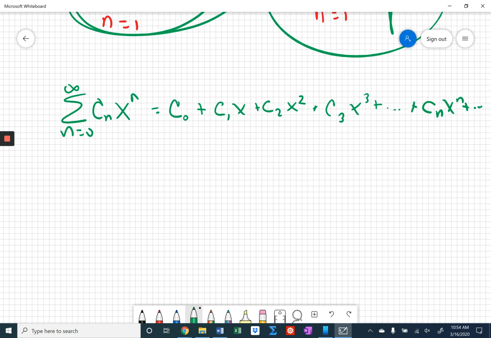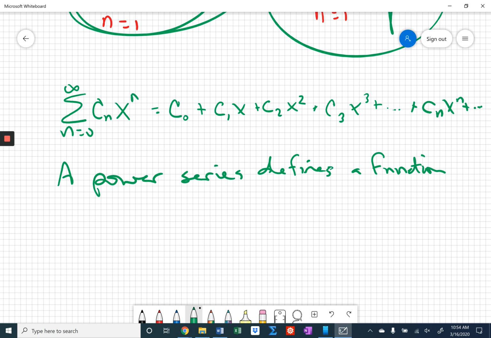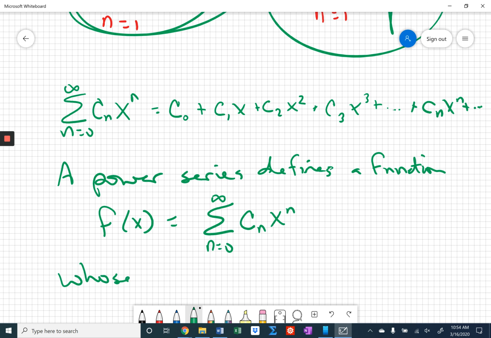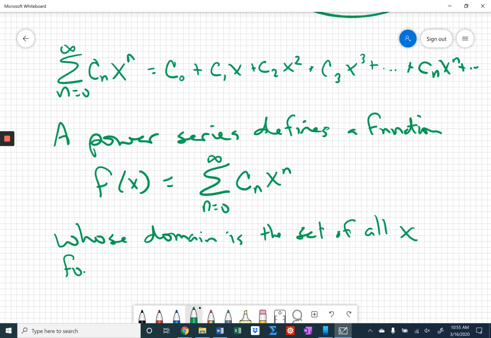A power series defines a function f of x equal to this sum from n equals 0 to infinity of c sub n x to the power of n, whose domain is the set of all x for which the series converges.